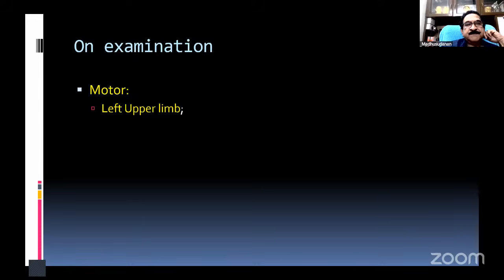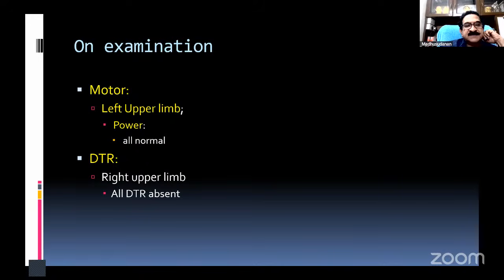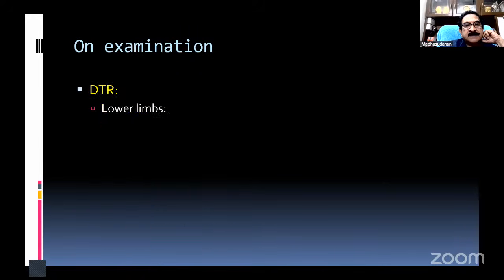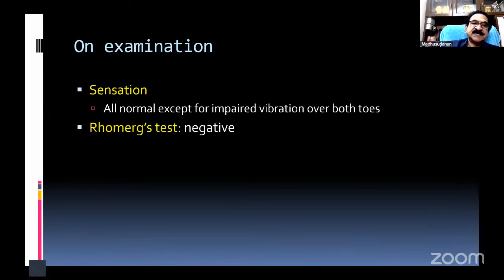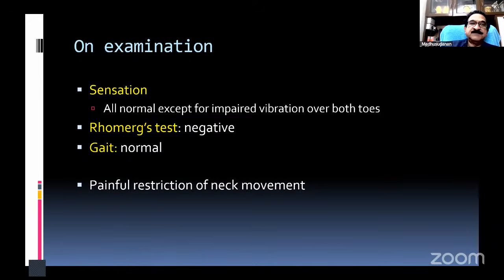Motor left upper limb, power all normal. DTR, right upper limb, all DTR absent. Left upper limb, biceps supinator present. Triceps, finger flexion absent. Lower limb, both knee jerks well elicitable, ankle jerk absent. All normal except for impaired vibration of both toes. Romberg negative, gait normal, painful restriction of neck movement.